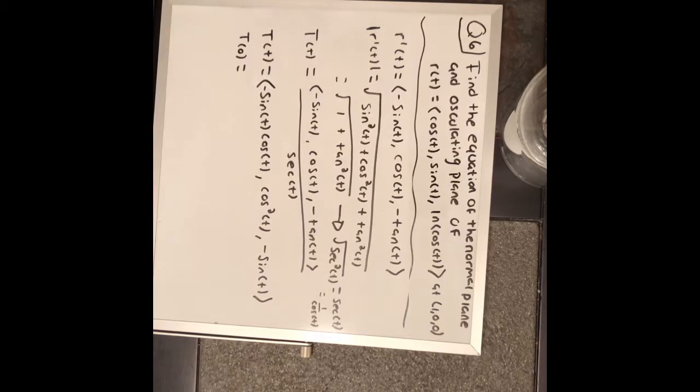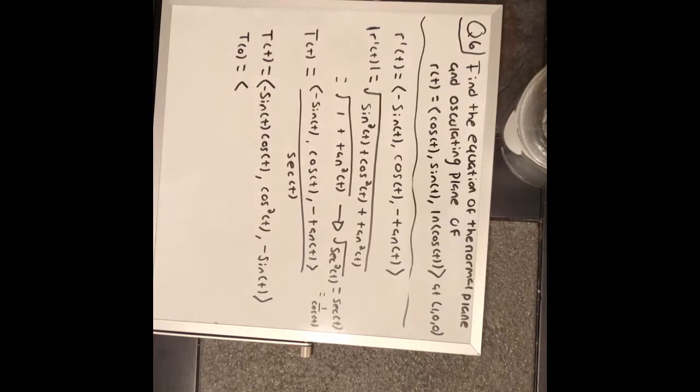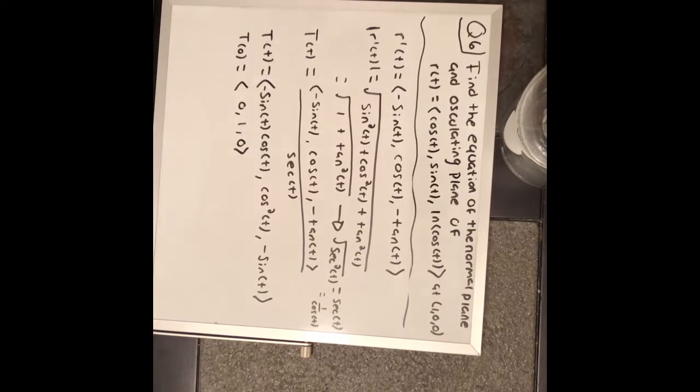Sine of 0 is 0, cosine squared at 0 is 1, and negative sine at 0 is 0. So this would be our unit tangent vector at 0.